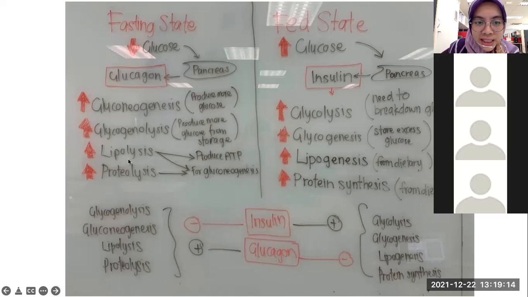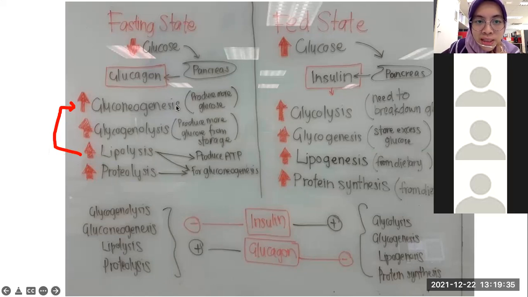And then this lipolysis also relates to gluconeogenesis, through what we call intermediates. Lipolysis will have its own pathway, and within the pathway, it will keep producing some intermediate molecules.